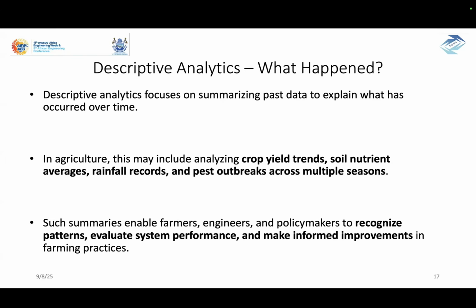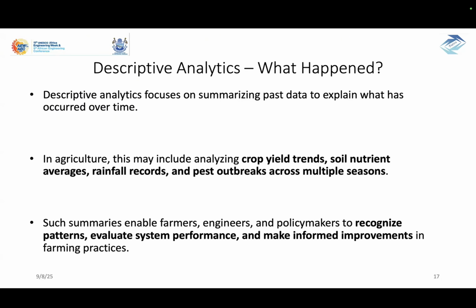With such a summary, a farmer, an engineer, or a policymaker can recognize a pattern, evaluate system performance, and make informed improvements in farming practice. The last 2 years the farm was doing well, and then this year you didn't get a good crop. That would be the question, what happened? That's descriptive analytics, okay?